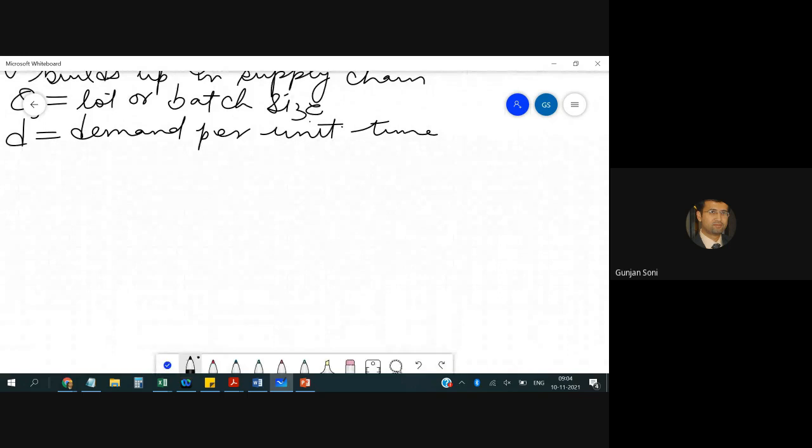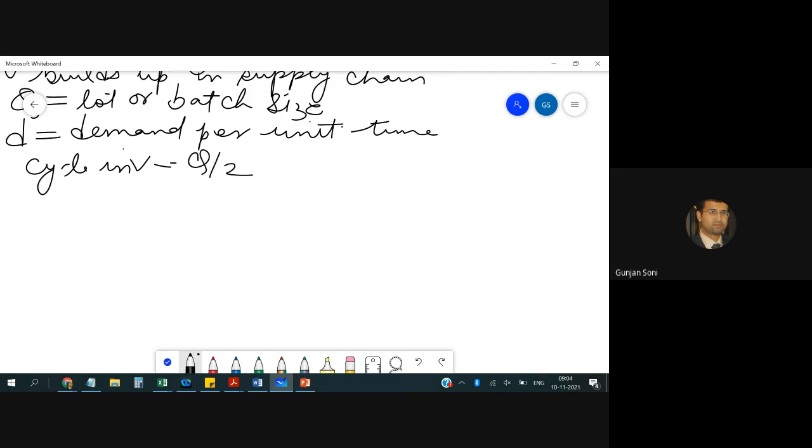Okay, so there's another term. We can say that cycle inventory is Q by 2. That is, lot size divided by 2 is your cycle inventory because it's average, and it directly depends on the lot size which you are ordering or making.